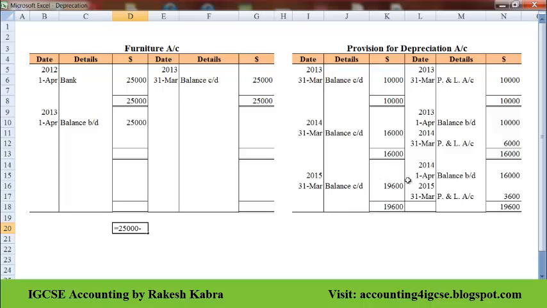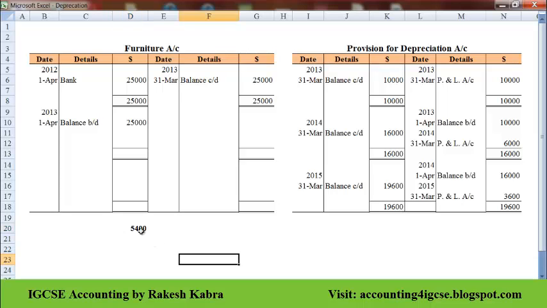It means by the end of the third year the furniture is depreciated up to this much amount. So this 19,600 I will subtract. So at the end of the year, the value of furniture is 5,400.